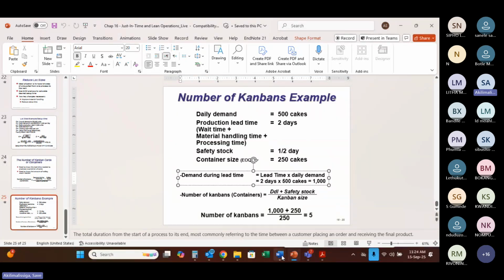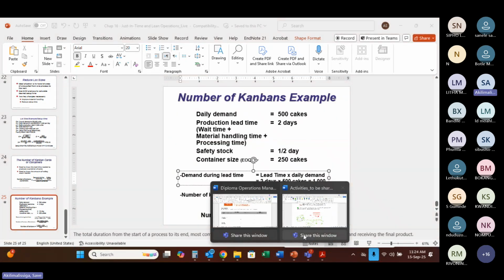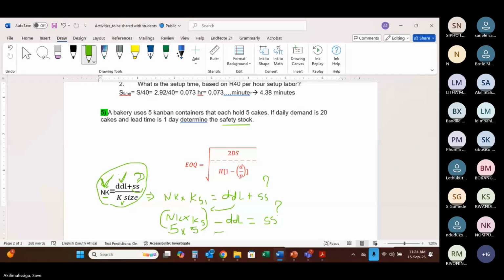So if I go back to the statement here, what is the daily demand? The daily demand is 20. So I put between brackets 20 times the lead time, and it says the lead time is 1 day. So yeah, it's 1 day.